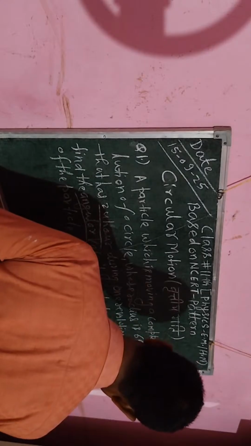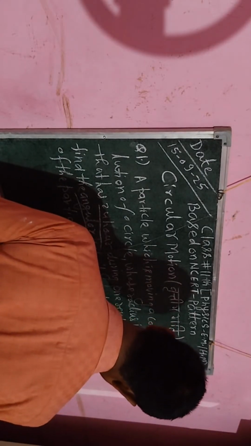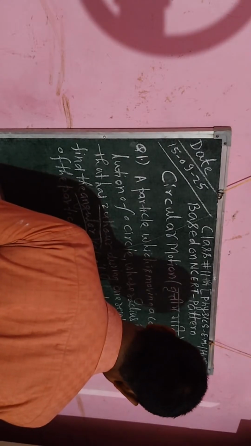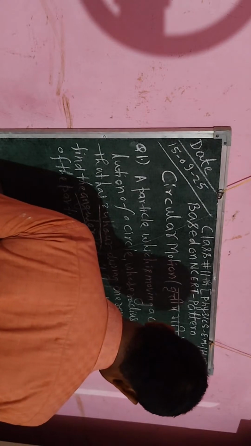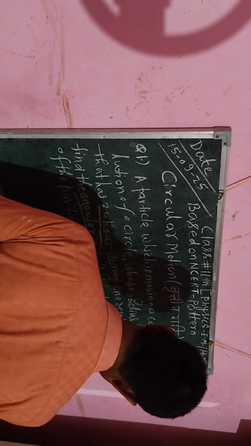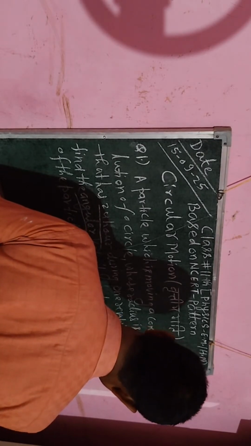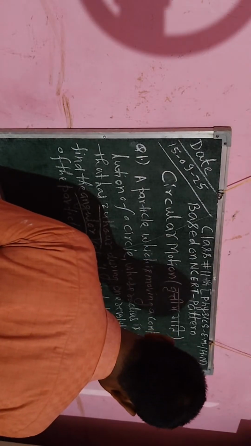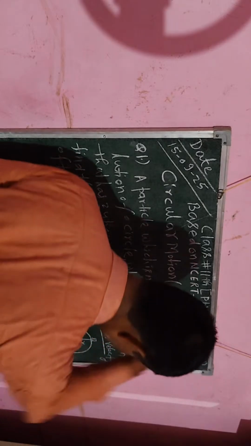First of all, I will also explain its concept in English, so students who are reading in Hindi medium can understand it. From the center of the circle, R is given 6400 kilometer.